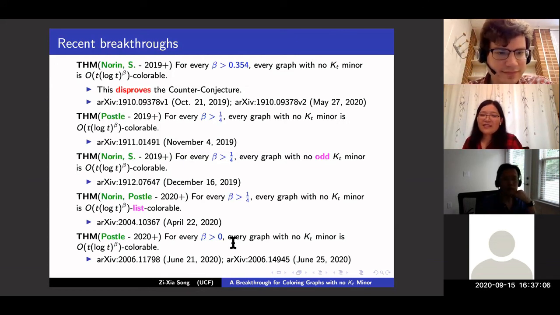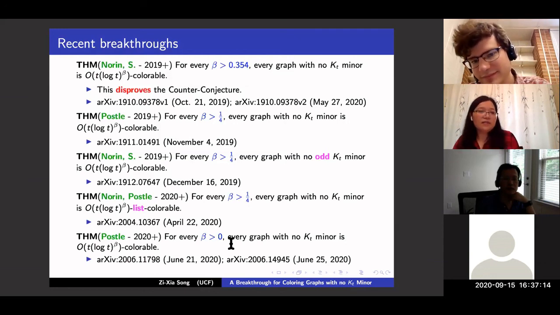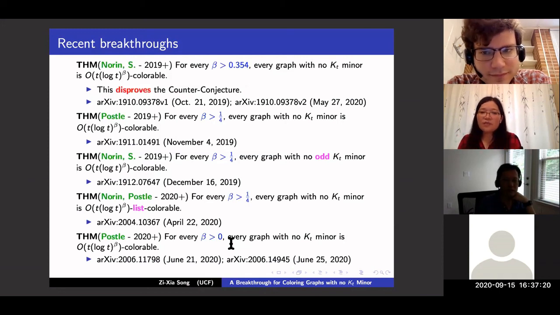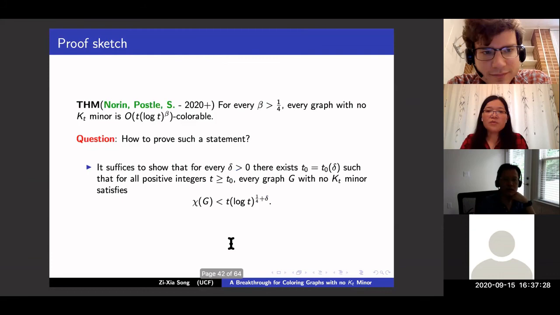Well, I guess I was asking more about your result with Norin for beta at least a quarter. For beta at least a quarter, the density increment theorem, that delta we choose just happens to be, when beta is a quarter here, that argument works. It comes from the proof.